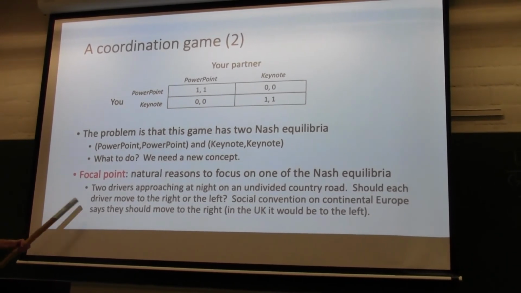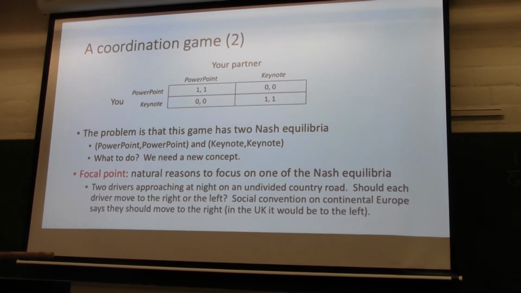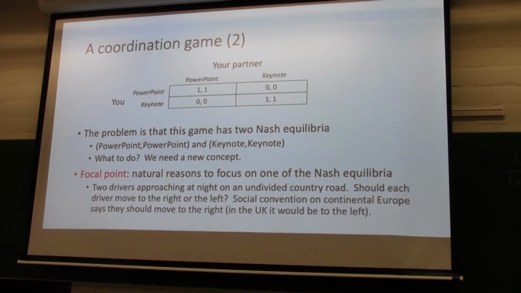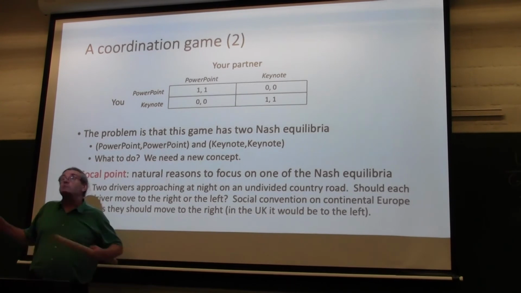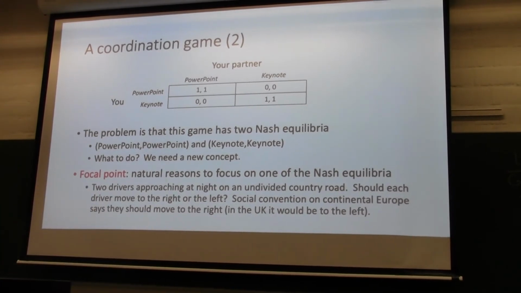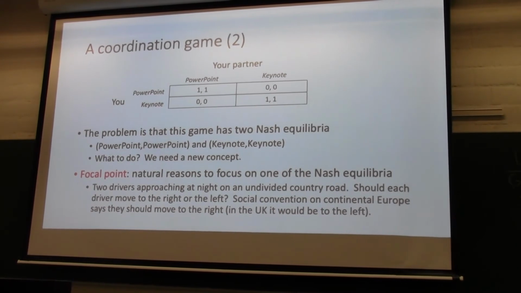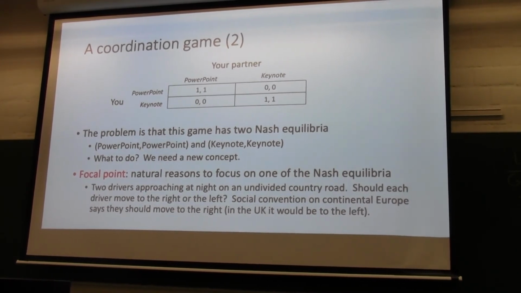There's actually a social convention here. In continental Europe, cars normally move to the right part of the road, whereas in the United Kingdom, they always move to the left part of the road. So if you're driving in the United Kingdom, you should probably move to the left. If you're in Belgium, you should probably move to the right.